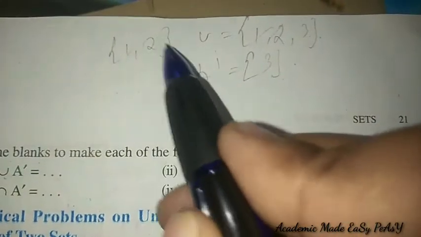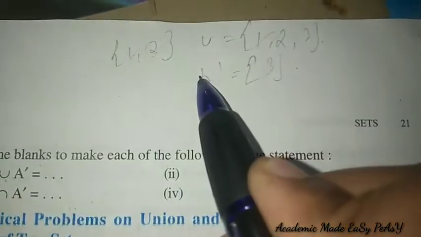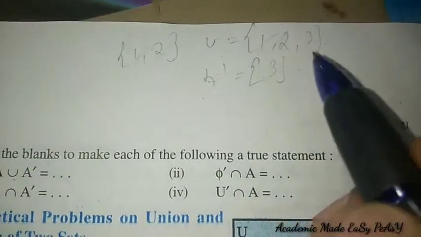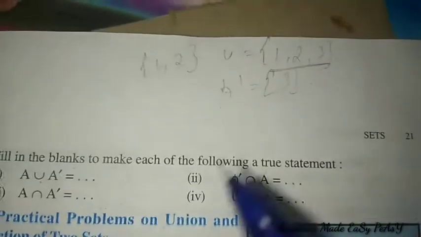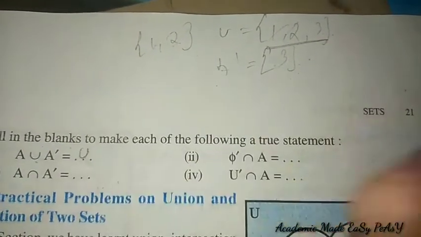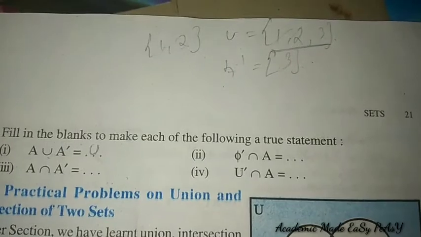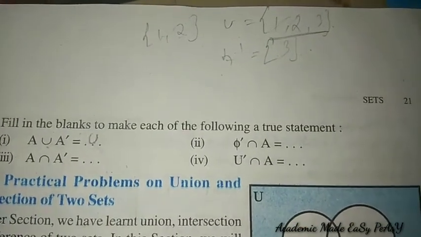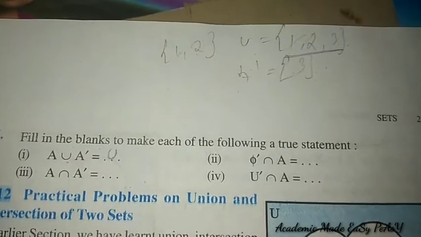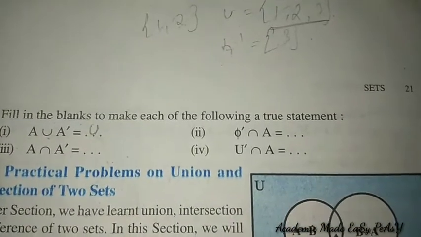So now I am taking A union A dash. It means 1, 2, 3, which is U again. So therefore this will be my U. I have explained this in the introduction part very clearly. If you have any doubts in this, just watch the introduction part.